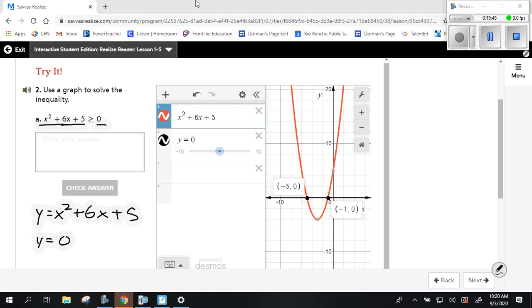So then that means this inequality is true for any x that is less than or equal to -5, right? Because we have a less than or equal to, that's fine. It's going to be equal to 0 at -5. And it's going to be true for any x that is greater than or equal to -1. And we can see that from these coordinates here.